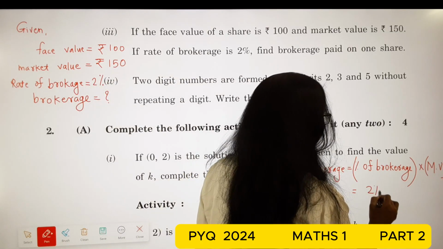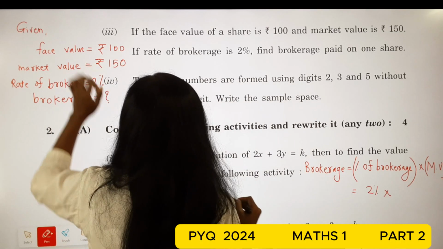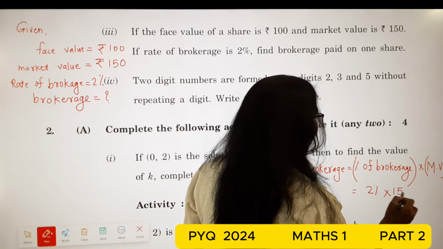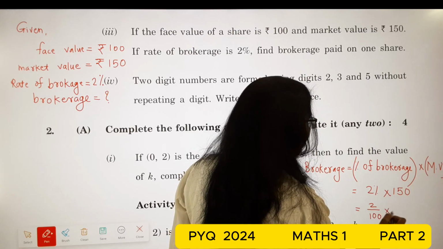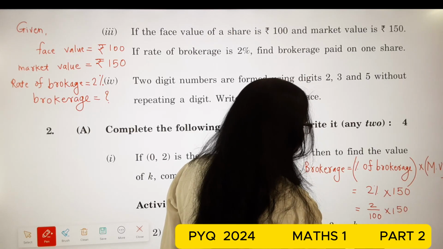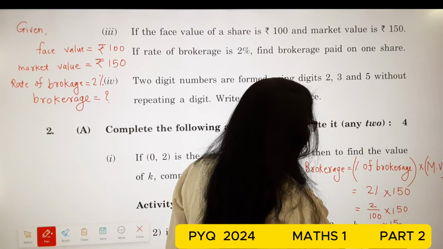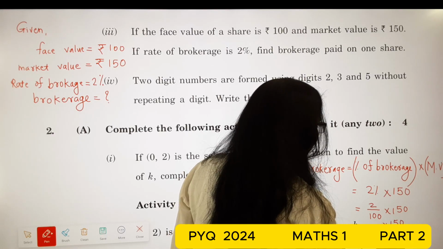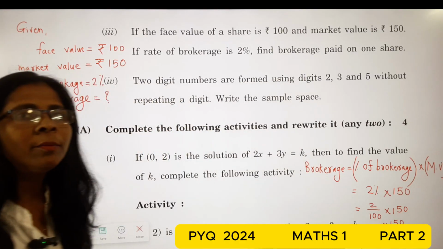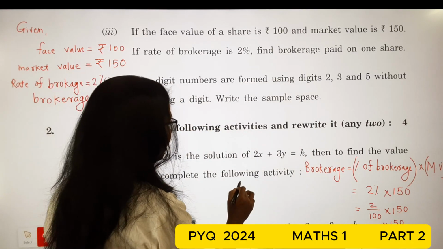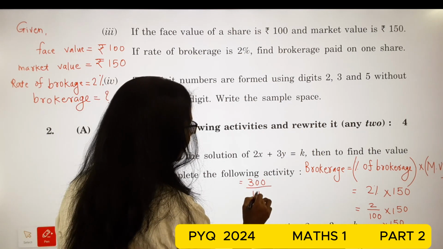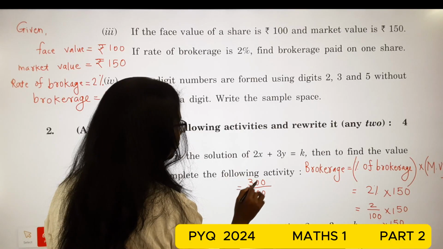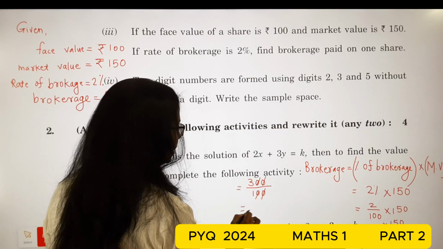So here the percentage of brokerage is 2%, and the market value is 150, students. So 2% is 2 upon 100 multiply 150. 2 multiply 150 is 300, divided by 100, the zeros get cancelled, so it is equal to 3.